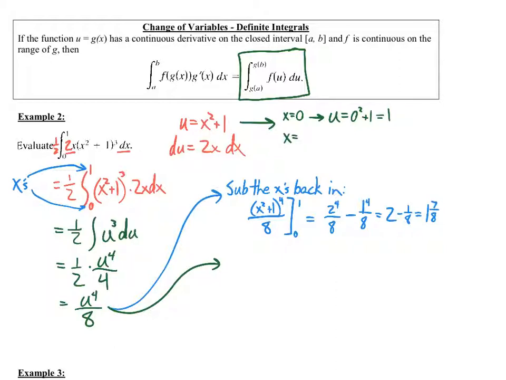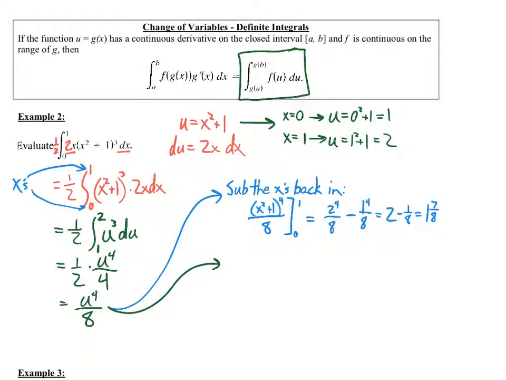For x equals 1, u equals 1 squared plus 1, which is 2. So, coming back to where I was doing the integral before, I would actually be doing the integral from 1 to 2.